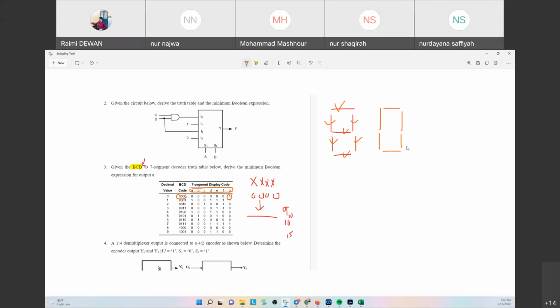It's okay, we look at the schematic answer later. And then they want to show number 1. To show number 1, there are only 2 segments with 0. So you have this one, and the others do not light up, which means off.